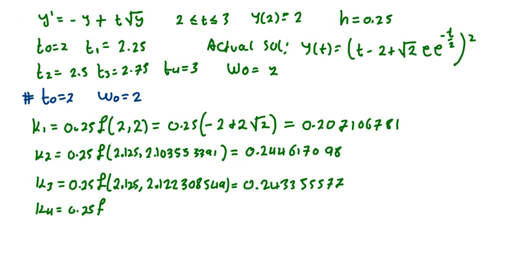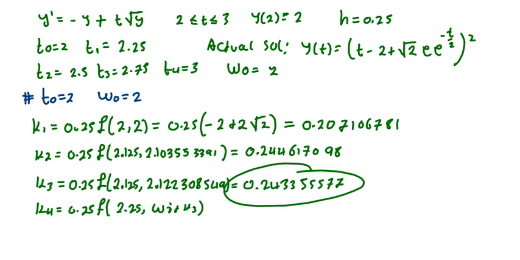Then our K4 will be equal to 0.25. Then you have f of. For K4 this part is a little bit different. Remember we say it's Ti plus H. So it's basically T naught plus H. Our T naught is a 2. Our H is 0.25. So we put 2.25 here when we add them. Then for this part, it's basically Wi plus K3. So it's this value right here plus W naught, which is a 2.